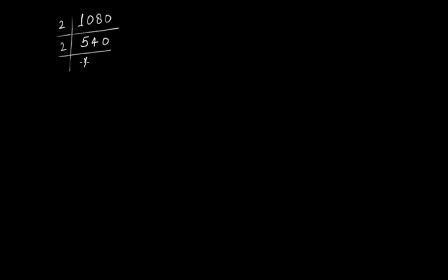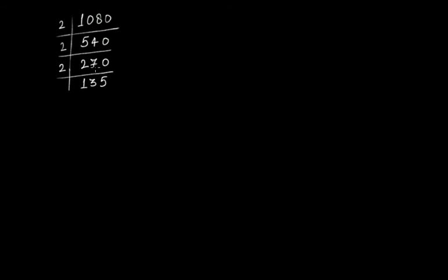So 270. What about this one? Is this number divisible by 2? Yes, because it has 0 at its units place. So this is 135. You can just divide it and check it.